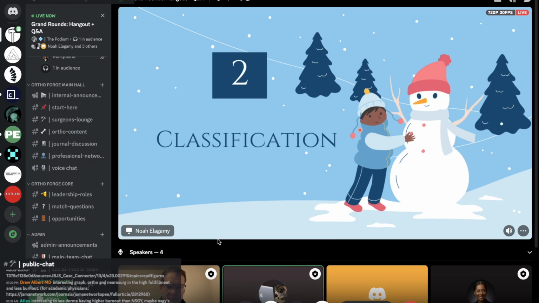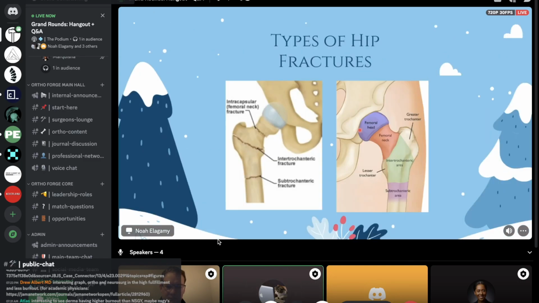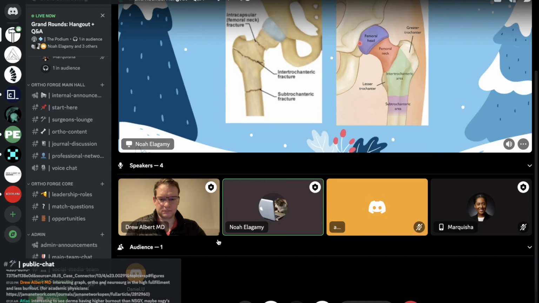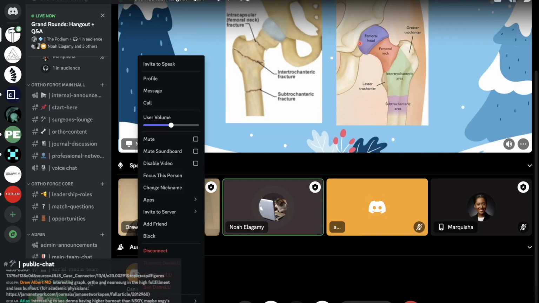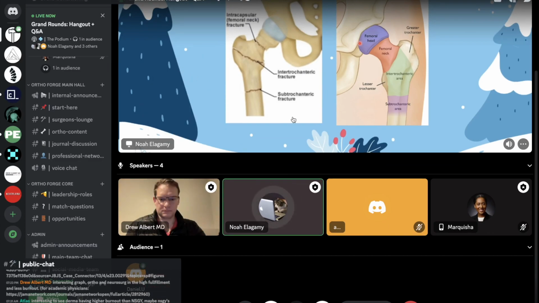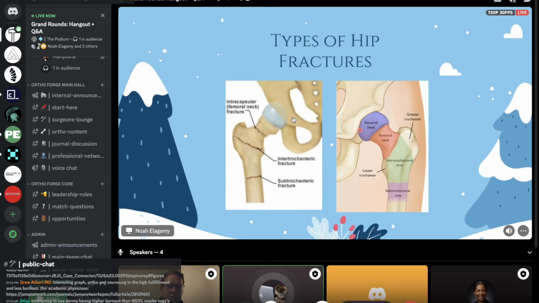So we'll go through some classification systems. The most broad overview of hip fractures is to classify the fractures by location. And so the three most important locations to understand, at least at a medical student level, are the femoral neck fractures, or the intracapsular fractures, the intertrochanteric fracture, and the subtrochanteric fracture.